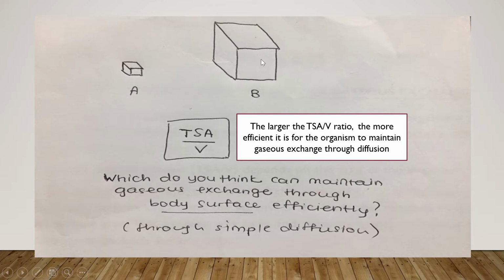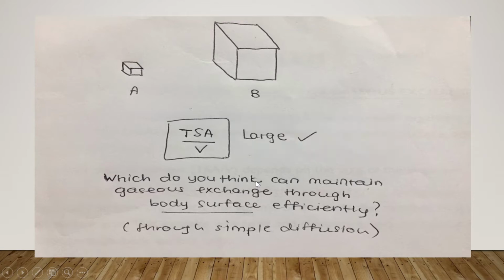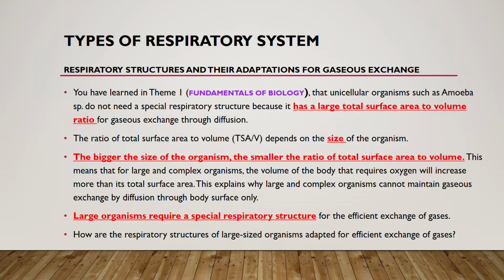Say B, since it is very big, you can imagine the cells deep inside; definitely the distance to the surrounding is further. Therefore the cells inside cannot obtain oxygen from the surrounding through simple diffusion. That's why the larger size organism will have to have a special respiratory structure to maintain efficient exchange of gases.